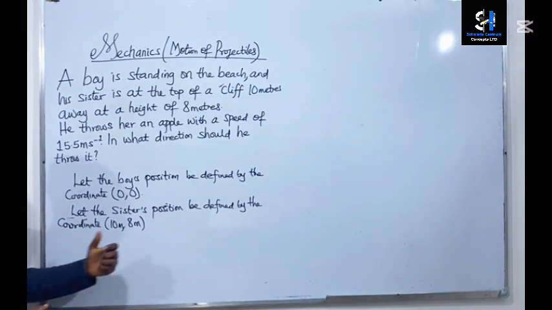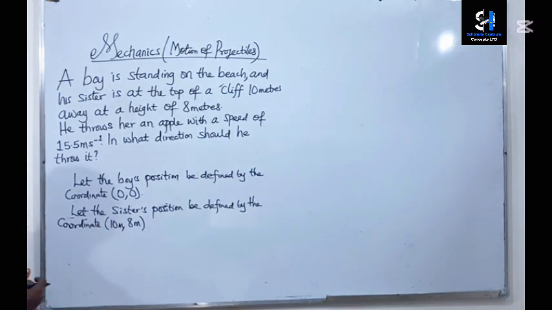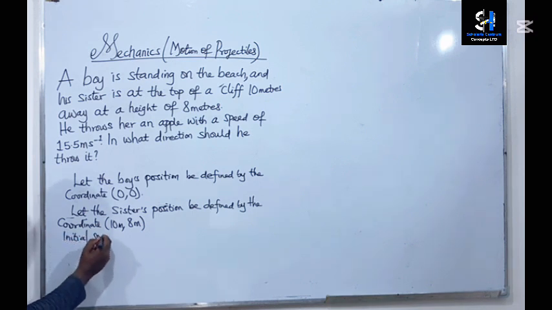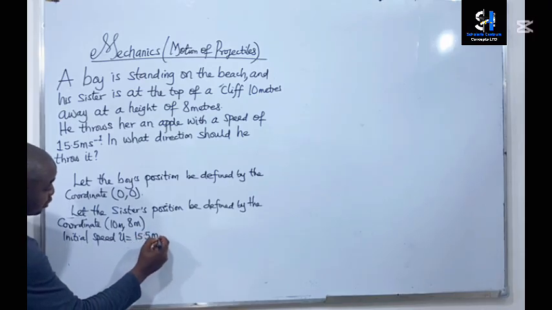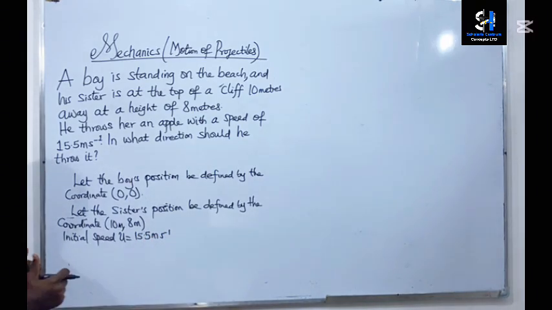So this is x and y, and this is also x and y in this case. The initial speed is given to be 15.5 meters per second. That's it.